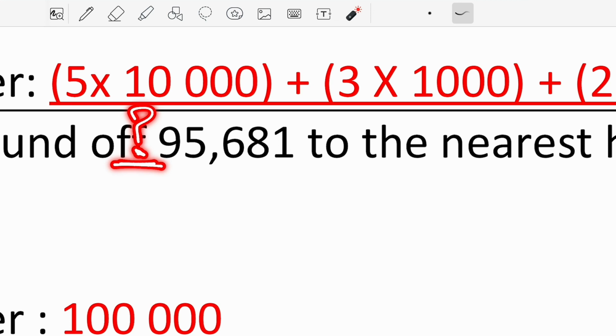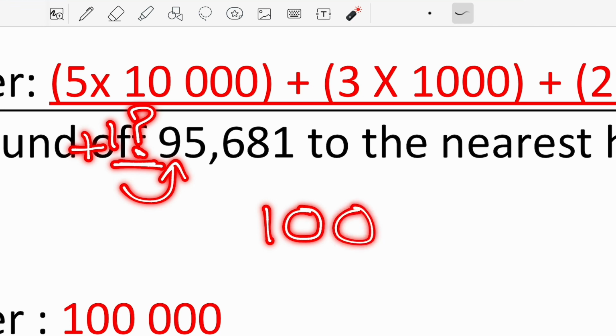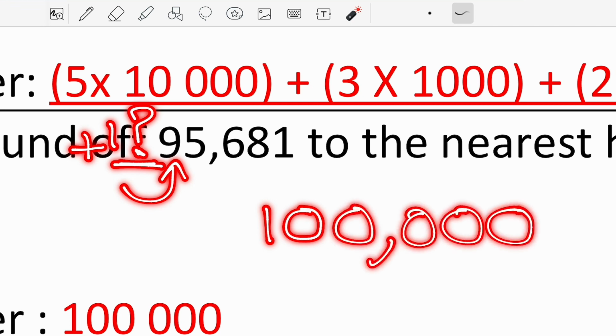So we look at the number after, which is a 9, and since it's more than 4, we will add 1 to the hundreds of thousands, so that will make it 100,000. And we put zeros as placeholders or place fillers for the other digits afterwards.